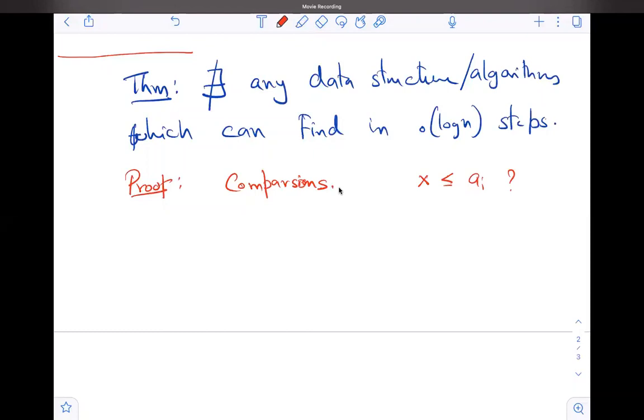Or you take maybe a function of x, and ask, is the function of x less than some hash object bi or not? All these algorithms proceed by asking this kind of question: I have a number, is this number bigger than this object or less than this object?